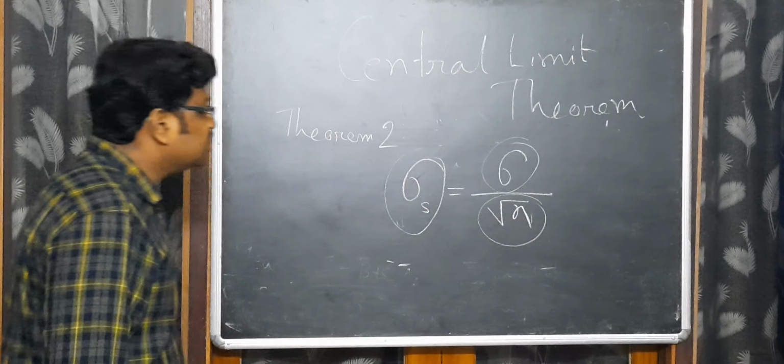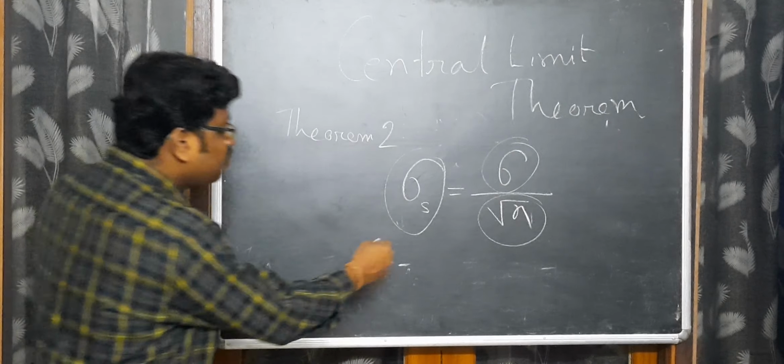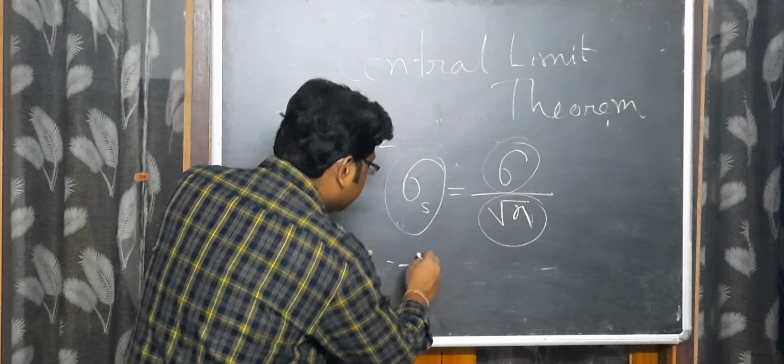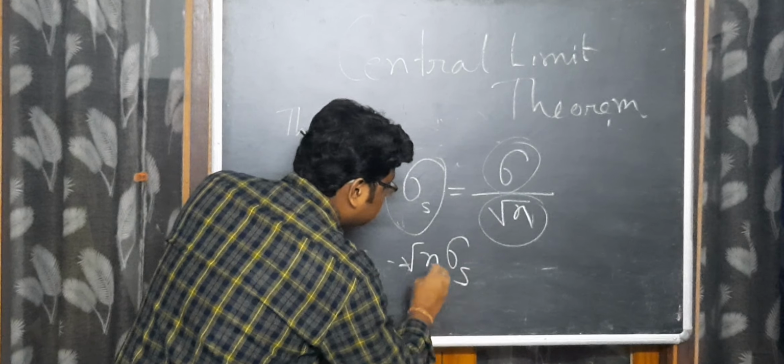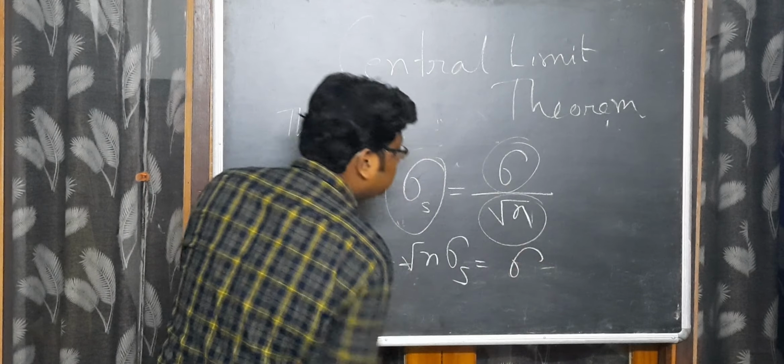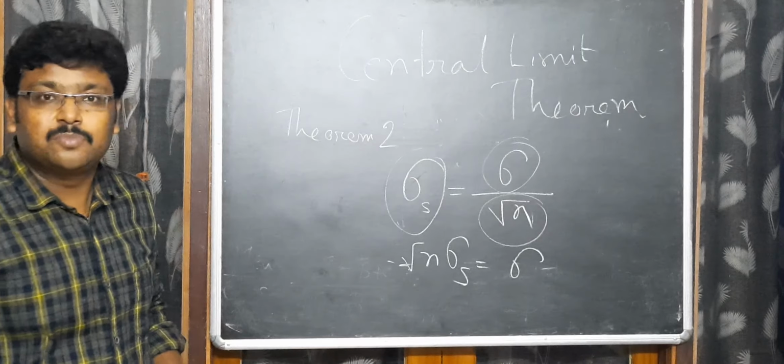Or you can write it this way: root n multiplied by the sample standard deviation equals the population standard deviation.